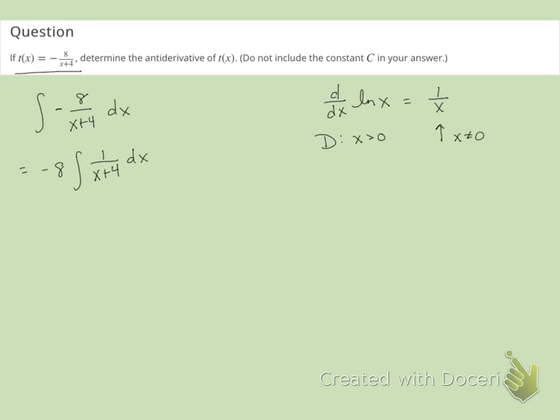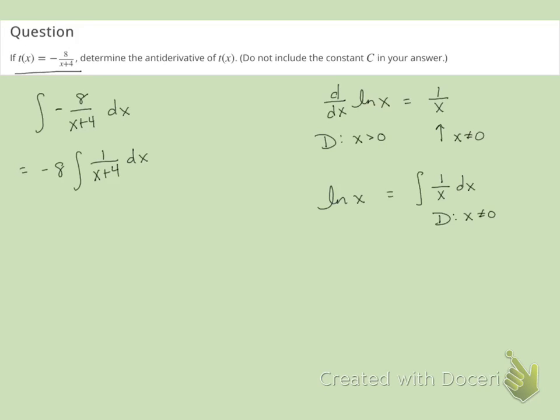But now with integrals, we're going in the opposite direction. So we're starting with this 1 over x, and we're taking the integral of this. So because we're starting with 1 over x, we know the domain for this is that x cannot equal 0. But now the integral of this is going to equal the natural log of x.